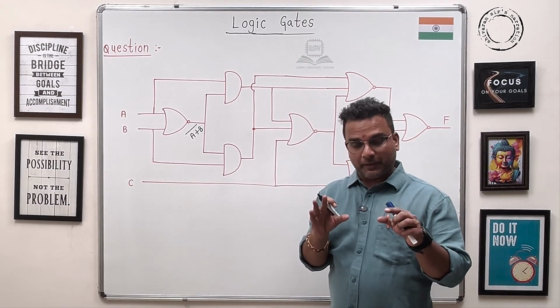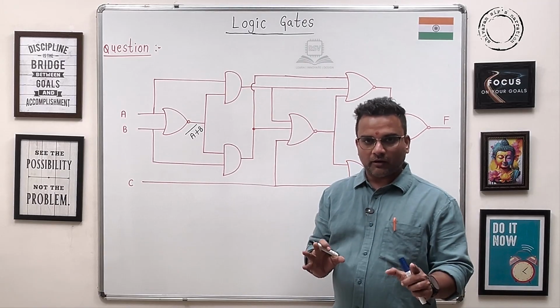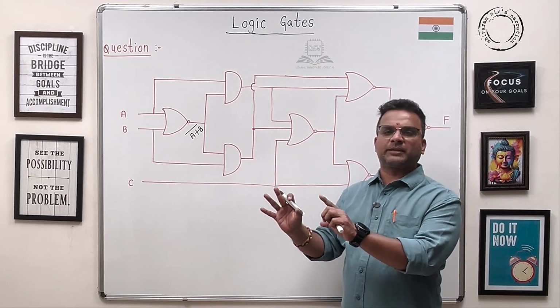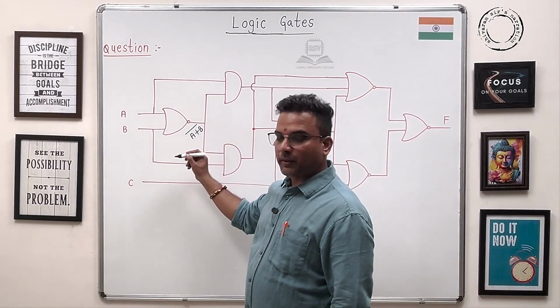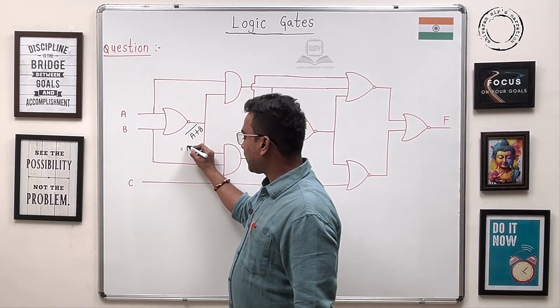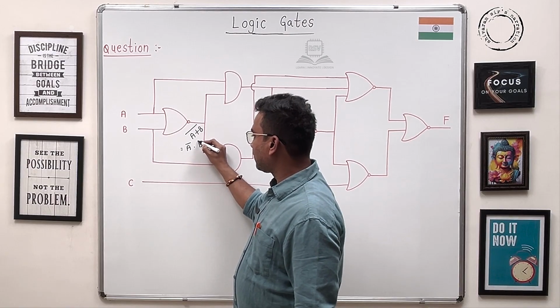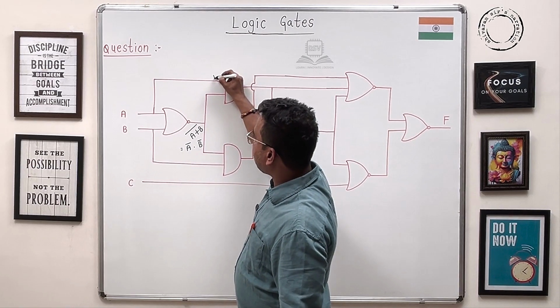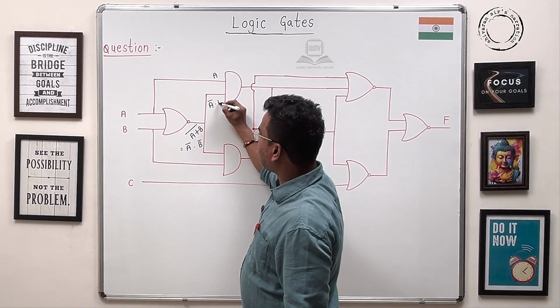If you want to optimize the time, then you need to be very clear on the Boolean algebra and simplified things. Now, here A plus B whole bar, how can you rewrite? Applying De Morgan's theorem, A bar into B bar. Now, this is A. This is A bar into B bar.